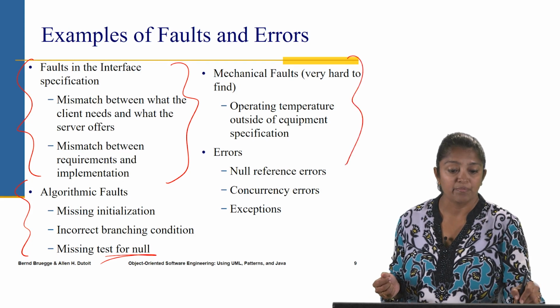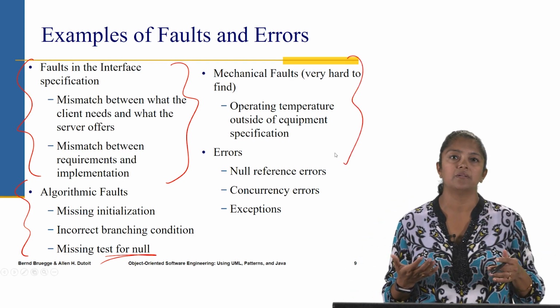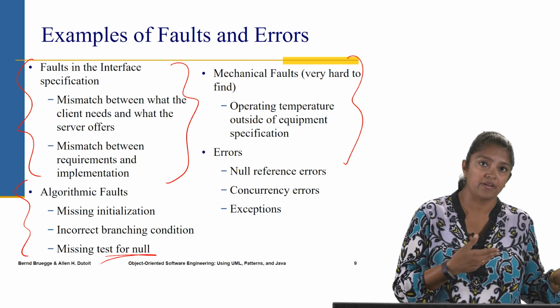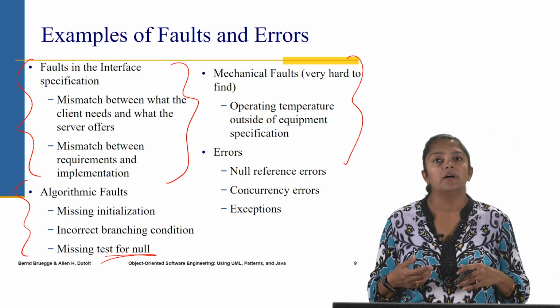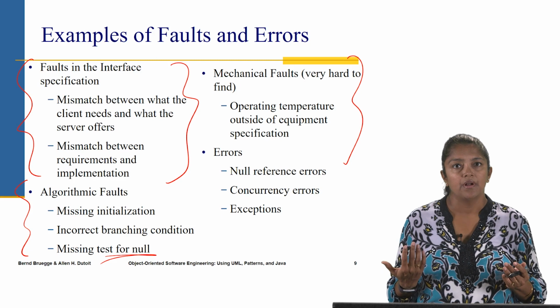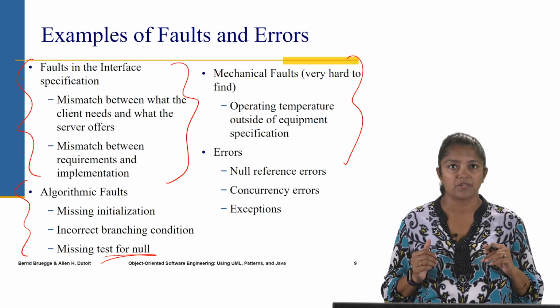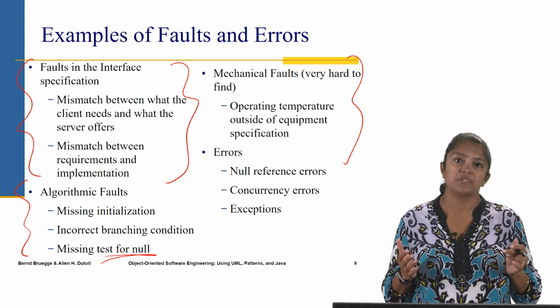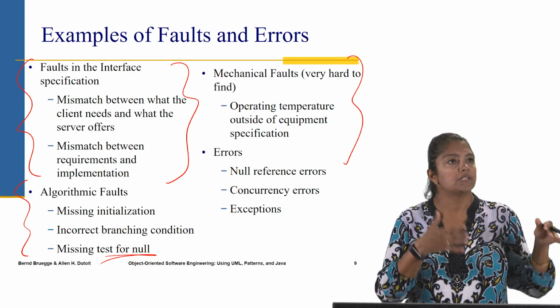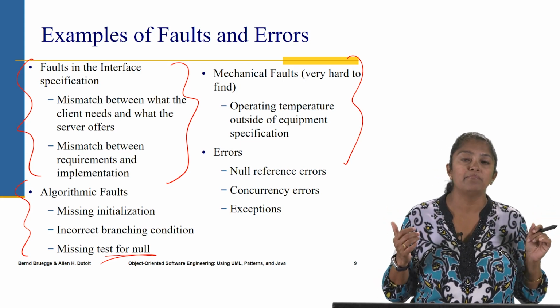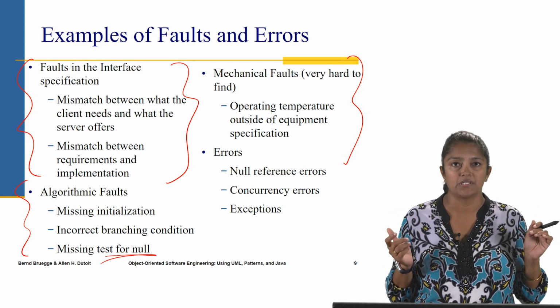The other kind of faults are mechanical faults. These are the ones that are hard to find, and if it's hard to find, then eventually it's hard to fix. Things like the operating temperature of the equipment being off, outside of the specification. Say there is an ATM machine that's sitting outside a building, and there's a certain temperature that it operates under.